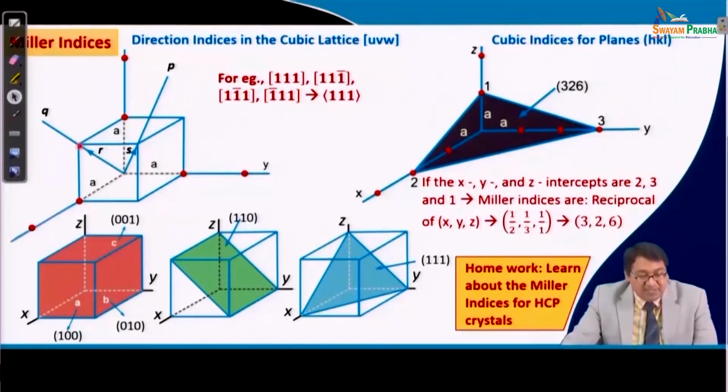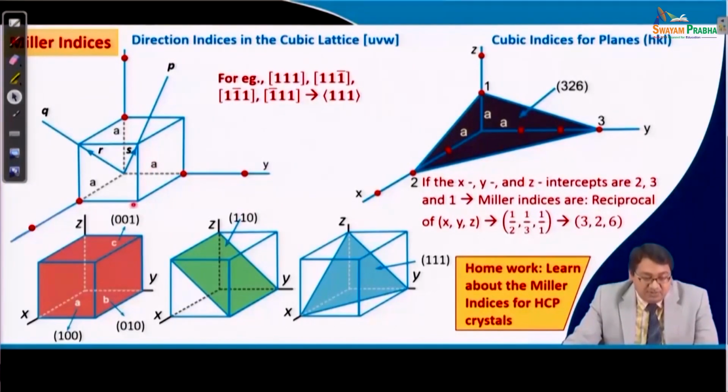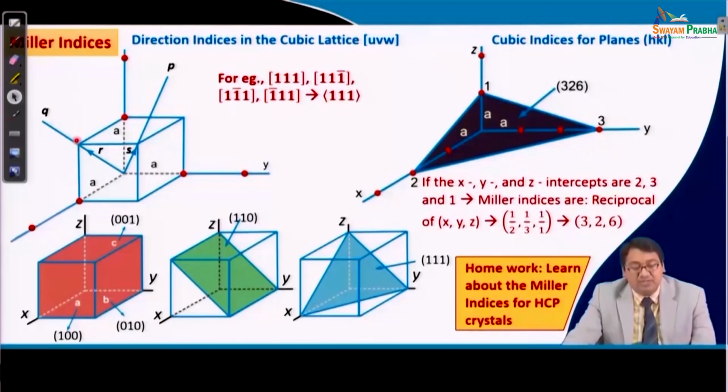So, the vector r is basically equivalent to a 0, because it does not coincide with the y. So, it coincides with the y at the 0. So, it becomes a 0 a, which is again, this direction q is basically the 1 0 1 direction.